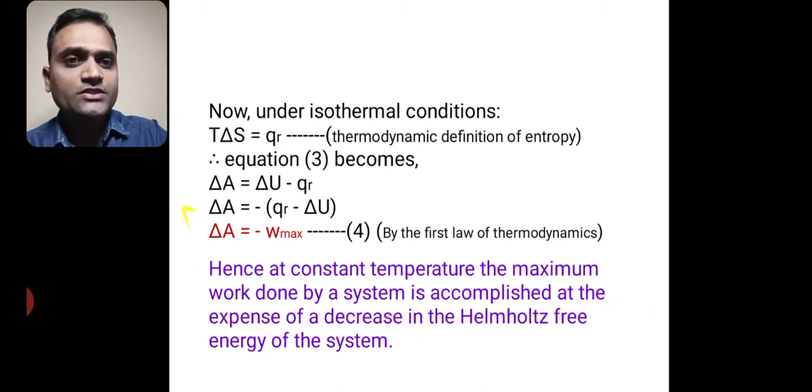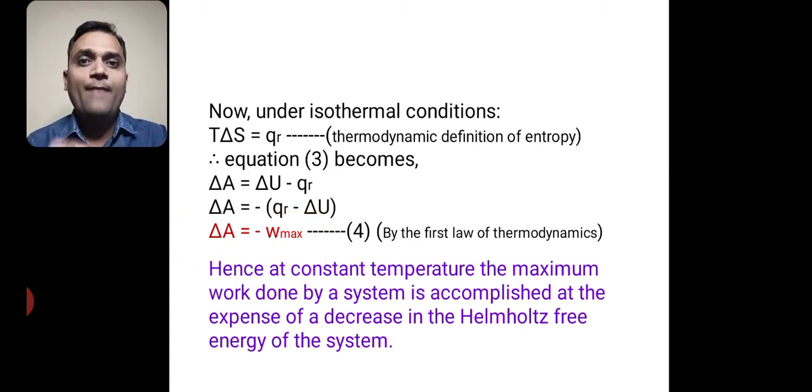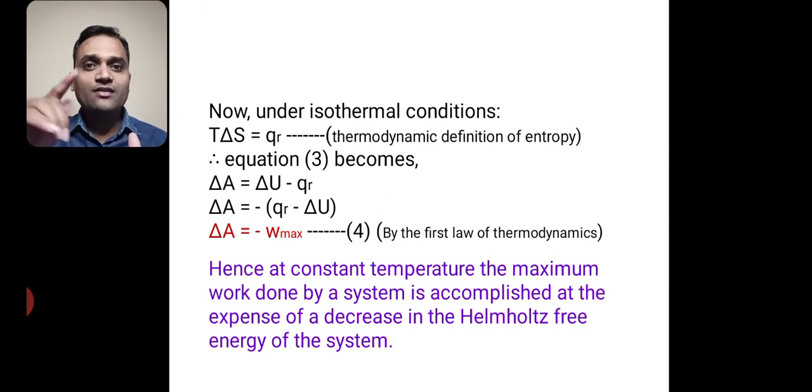So this equation, which is delta A is equal to minus W max, we can also write as minus delta A is equal to W max. So whenever there is a decrease in the Helmholtz free energy, the system gives us maximum work done. So you have to remember this sentence. Whenever there is a decrease in the Helmholtz free energy, the system gives us maximum work done.